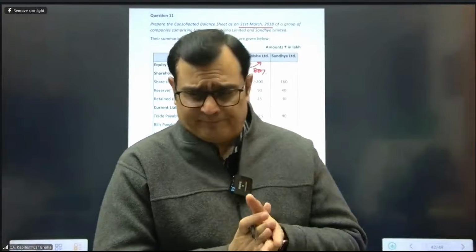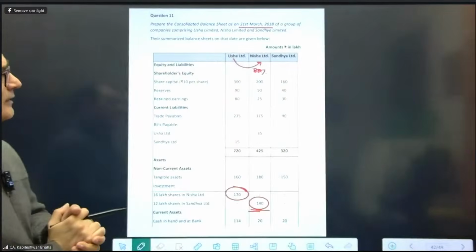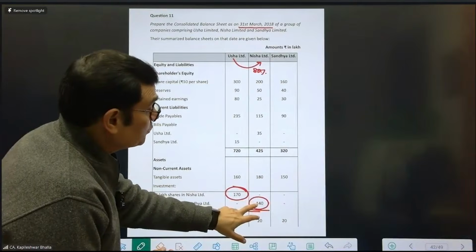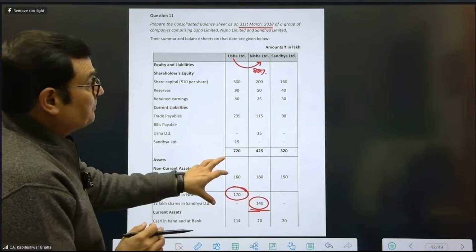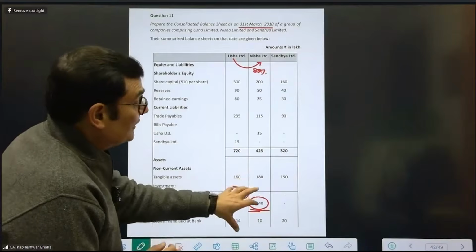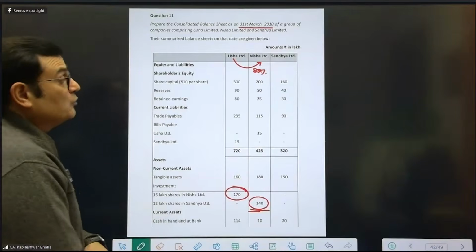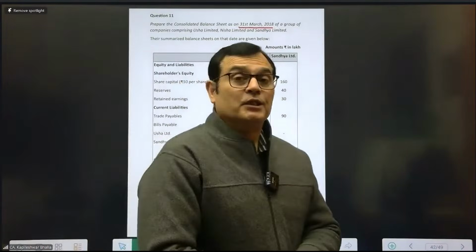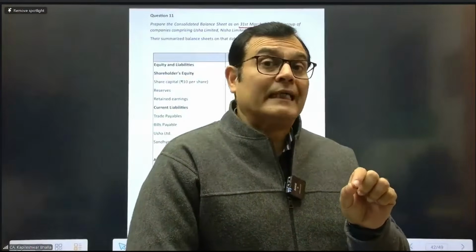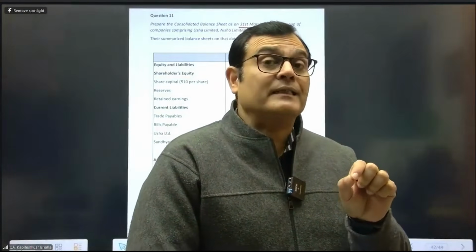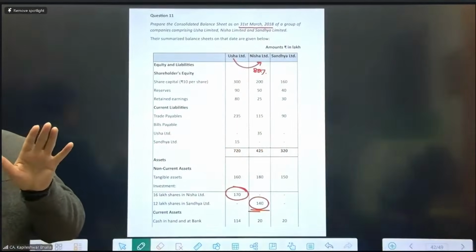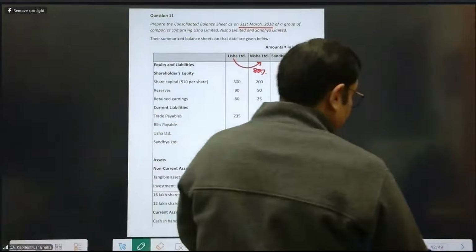Would that be correct to say? Because this 140 is the money which Nisha has got. 80% shares of Nisha is with Usha and 20% shares is with the outsiders, that is NCI. So can you say 80% of this is funded by Usha and 20% is funded by the outsiders, that is NCI? Right? I guess agreed with the funda.